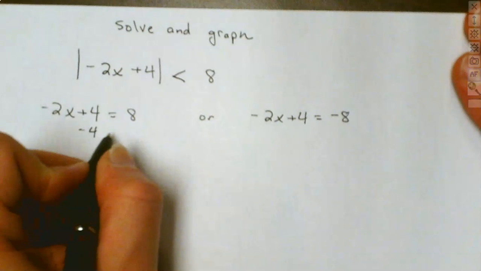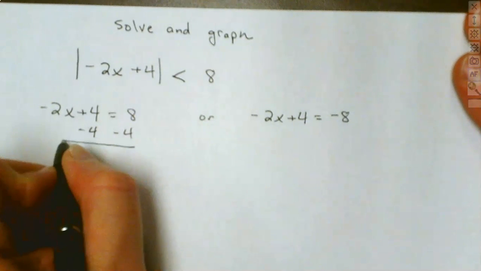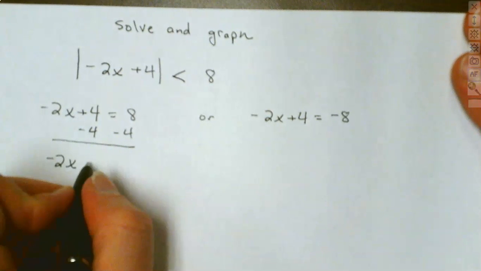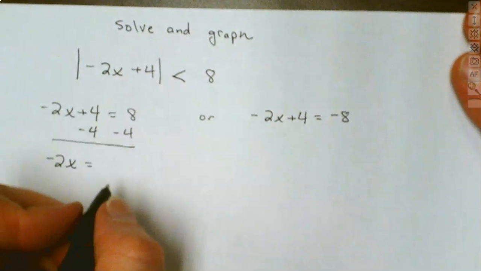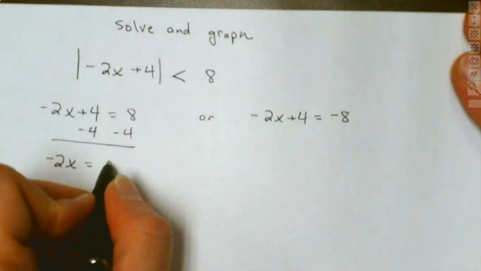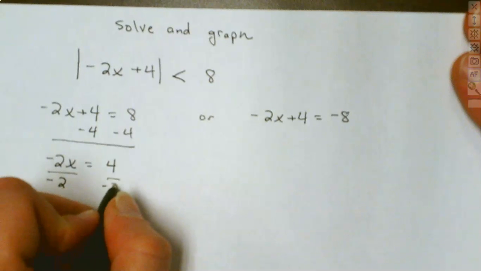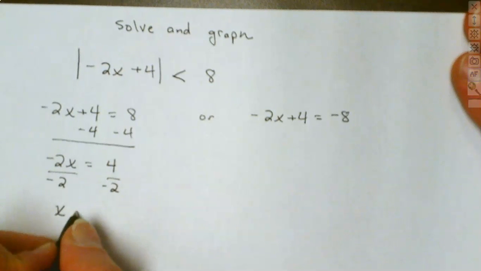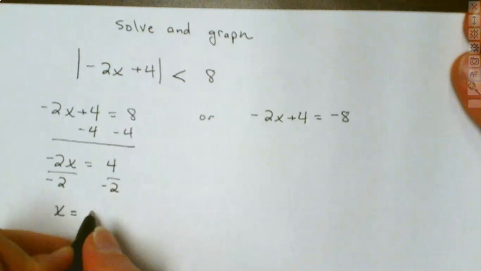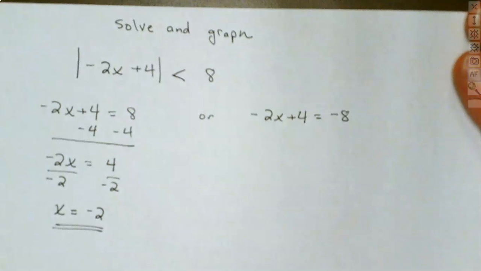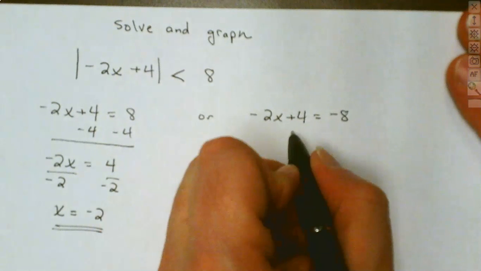So we'll move that 4 over with subtraction. Now we've got minus 2x equals, looks like a positive 4 here. Divide by your negative 2. And that gives you x equals now negative 2. Repeat the process on the other side.